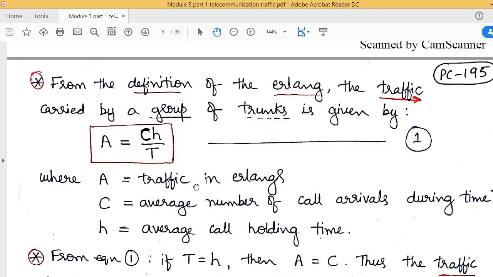So traffic in Erlangs, A is equal to CH by T, where C defines the average number of call arrivals during time T. You can assume this as the number of call arrivals during time duration capital T, and H is the average call holding time. What is the number of calls that are arriving over this particular duration, as well as for how long the calls are in progress, is defined by H.